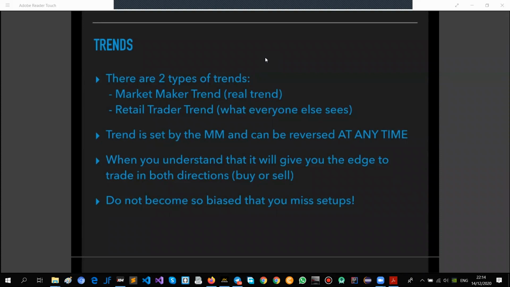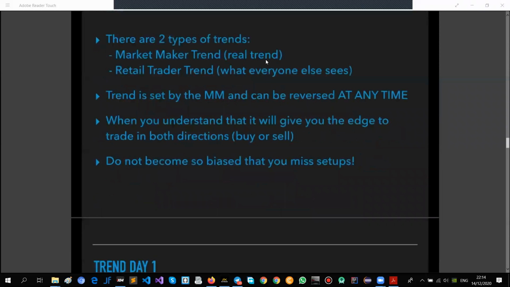This usually happens during the two sessions. On a certain pair, you can buy during the London session, then during the New York session you sell. That's how we as DTMM traders benefit from it.